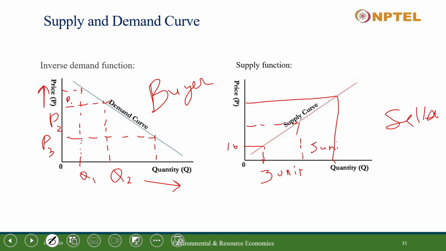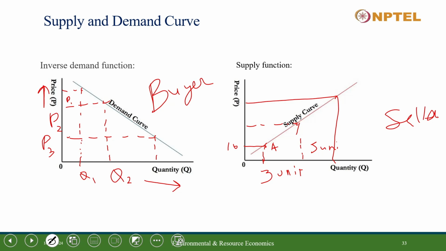So what is the point? Each point of supply here, here, here represents the willingness to sell, that is, at what price you are willing to sell. Let's say point A represents the price at which a seller is willing to sell quantity Q1, and so on and so forth.